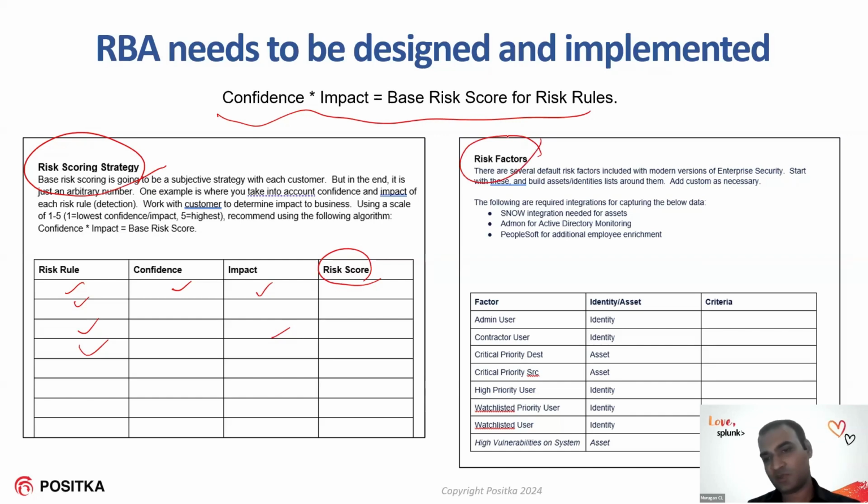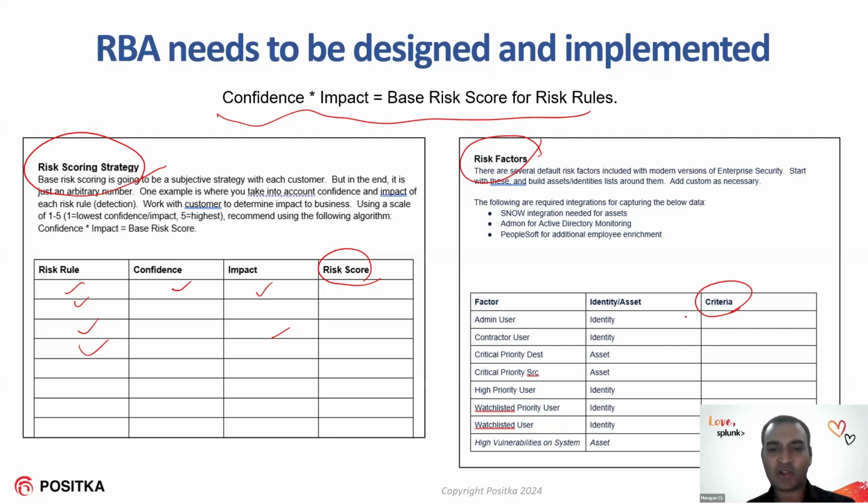So executive users, important assets, critical assets in the environment. We identify all of them, and then we see what kind of criteria needs to be set for it, whether it is a match criteria, there are different options available. Whether it's a direct match or a regex match, etc., or if it contains a particular term, or if this term is available in the results, etc. All of those kinds of conditions can be set in risk factors.